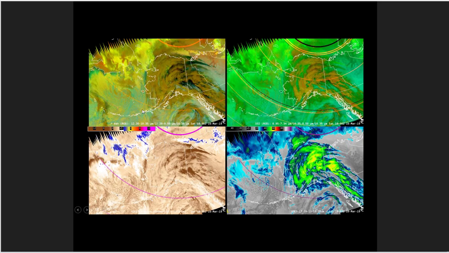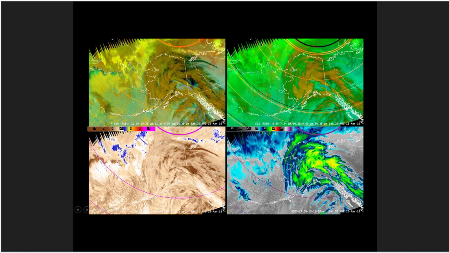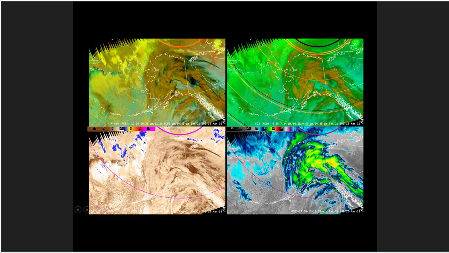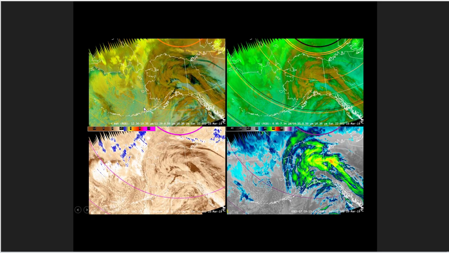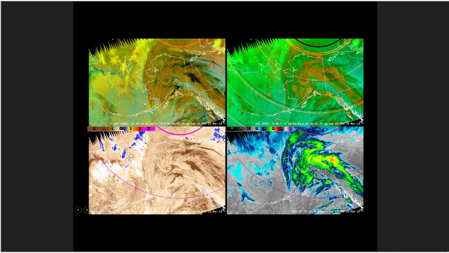You can still see it in here, at least this portion of it, and that does some interesting brightening of the signature by 2030Z, and then it disappears by about 0Z on the 17th. By this time, it's entering the Bristol Bay region, which is this area.